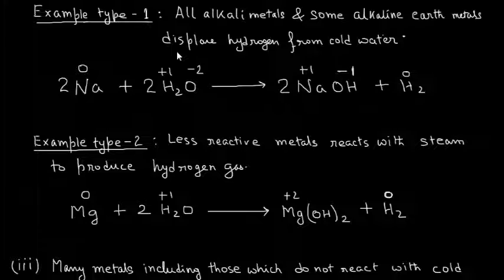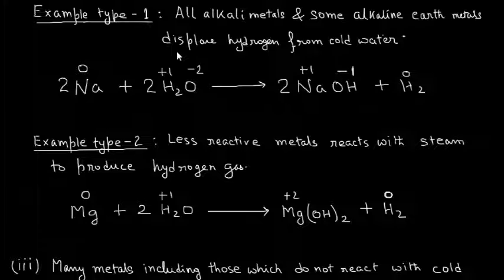For example, 2Na plus 2H2O gives 2NaOH and hydrogen H2. So here alkali metals displace hydrogen from cold water.